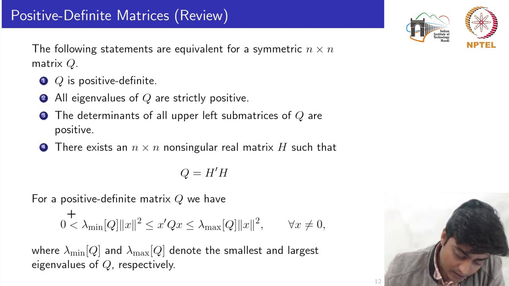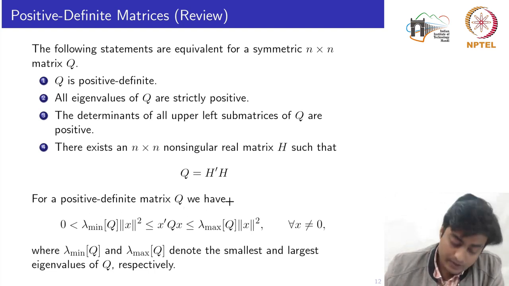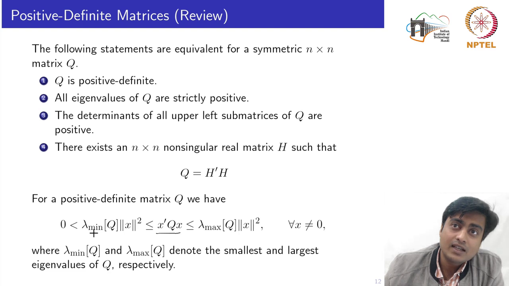Another result we have is that for a positive definite matrix Q, the minimum value of this quadratic form is given by lambda min of Q, where lambda min is the smallest eigenvalue of the matrix Q, multiplied by the squared norm of the vector x.